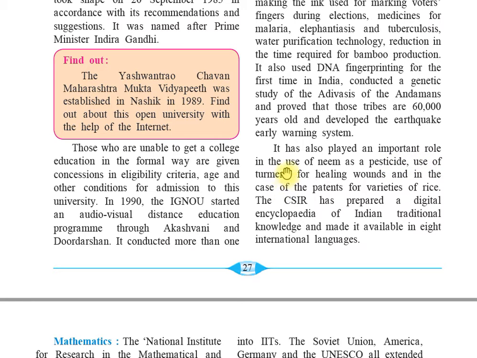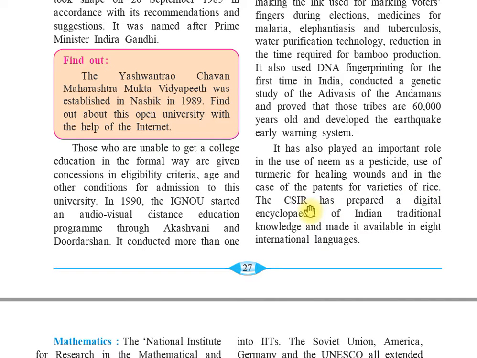Use of turmeric. Turmeric is a healthy powder for healing wounds. You can heal your wounds with the help of turmeric powder. And there were the patents for varieties of rice.